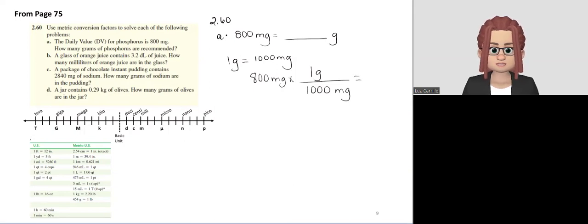When I take these two numbers and I divide them, I find that my calculator display shows 0.8. Because the given amount has one sig fig, my result must be expressed as one significant figure. So according to the problem and dimensional analysis, my final answer is 0.8.